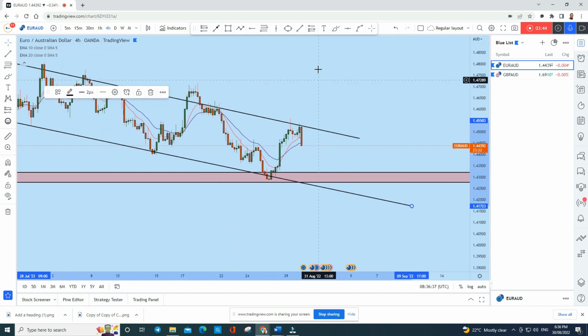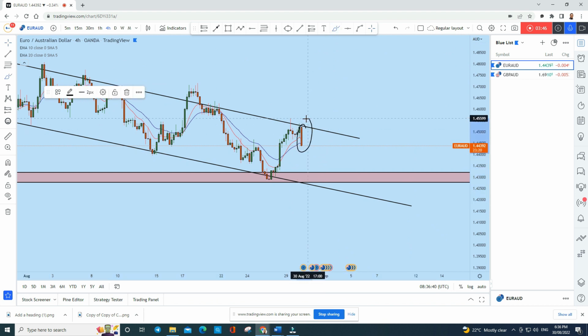So with that in mind, after the closing of this bearish engulfer, with a retest of the neckline of this previous support as resistance, we can expect Euro AUD to continue to drop.